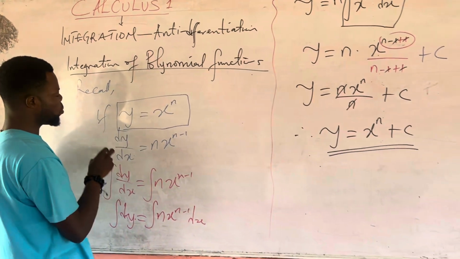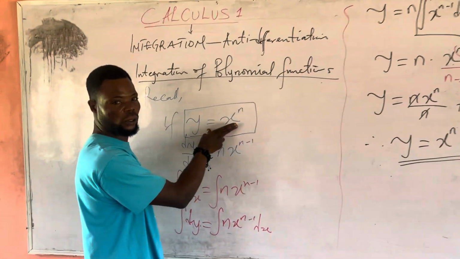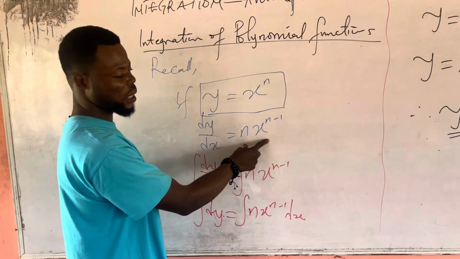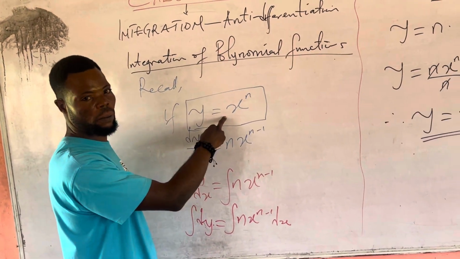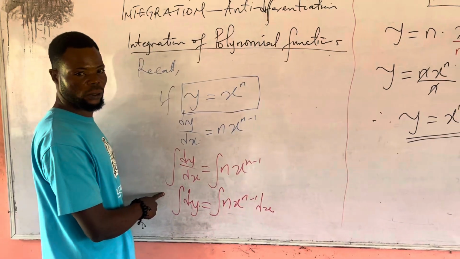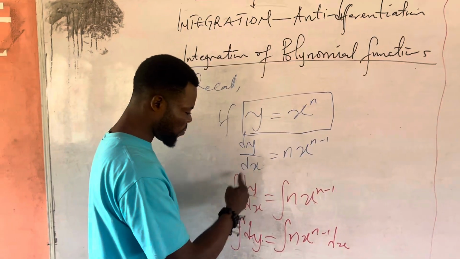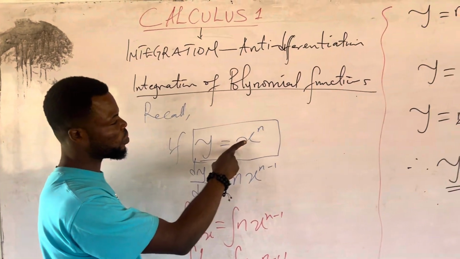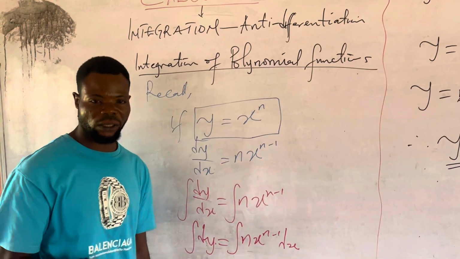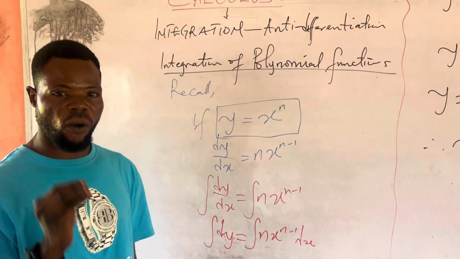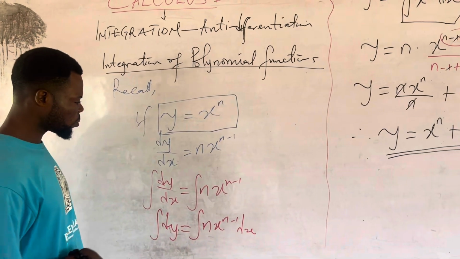That is, we have this as a function. We differentiated this to get this. And to get this function back again, we take the process of integration. So this process of reversing this back to the original function is referred to as integration. Therefore, integration is the reverse process of differentiation.